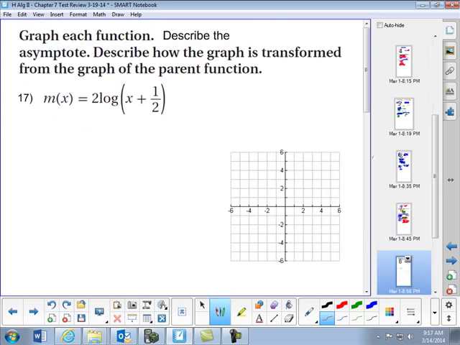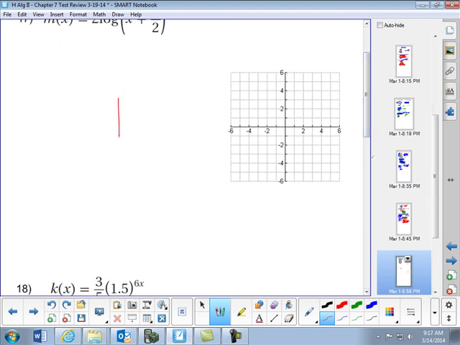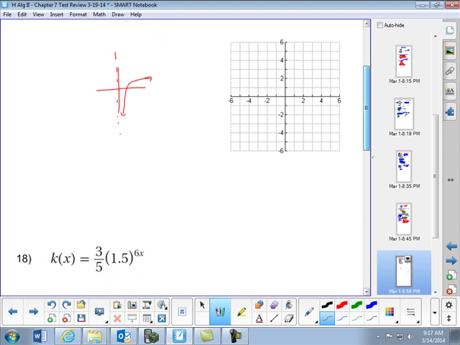Okay, next ones. These are going to be graphed on your graphing calculator if you would like, but there's a lot of things that we need to know and some things I'm really going to watch for. Okay, you need to remember the difference between a log and an exponential function. Remember, the parent log function goes like this. The parent log function has an asymptote at x equals 0.